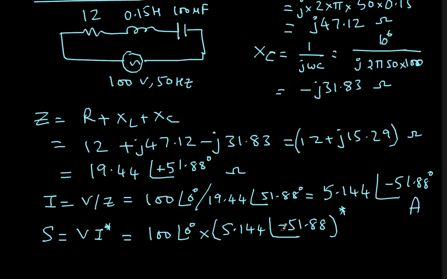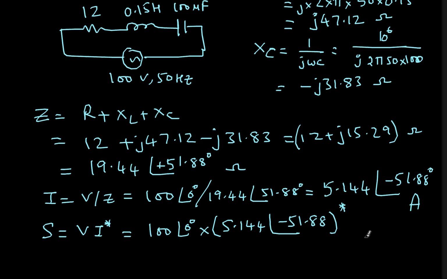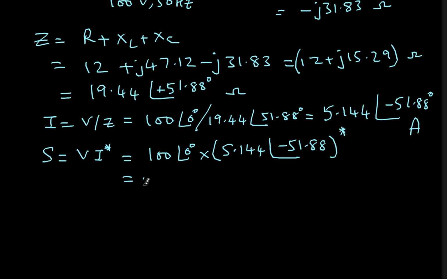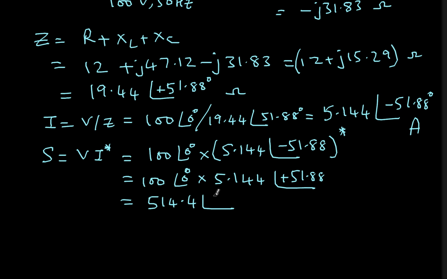If the angle is negative, make it positive. If the angle is positive, make it negative. So I get 100 angle 0 degrees into 5.144 angle plus 51.88 degrees. So this total will be 514.4 at an angle of 51.88 degrees.